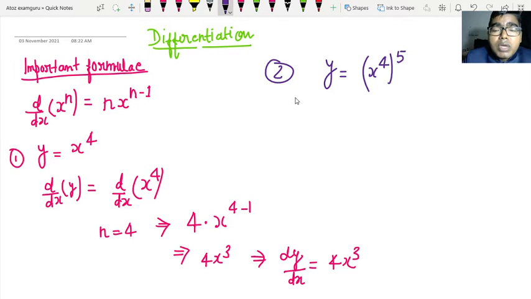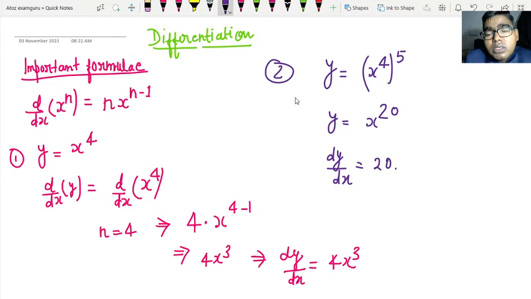And then you have to calculate. You know very well, the powers will be multiplied, which means it becomes x to the power 20. And now you can simply apply this formula: d/dx of y equals 20 into x to the power 20 minus 1, which means 20 x to the power 19.